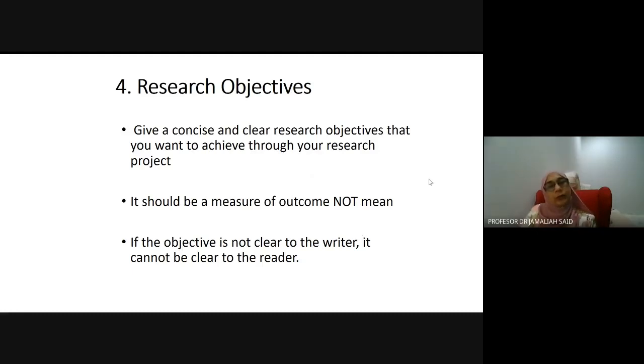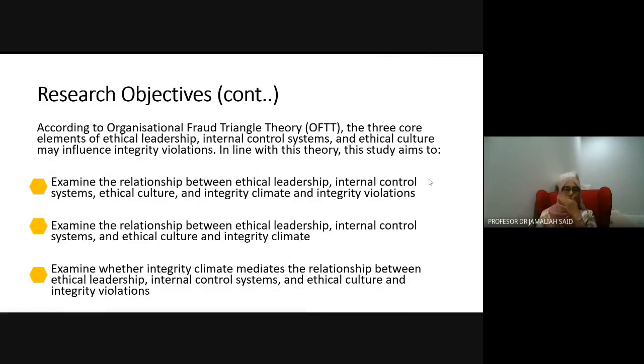For the research objective, give a concise and clear objective that you want to achieve through your research. It should be measurable. And I always remind students that you have to use action words to describe the research objective. For example, this one I cut and pasted from one of the students' theses.